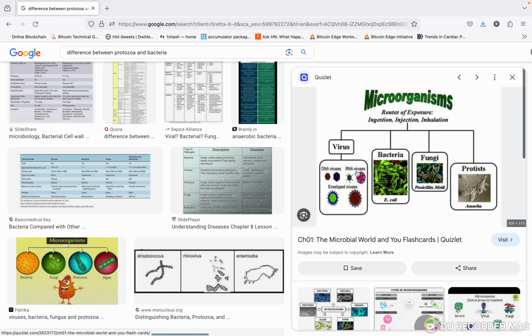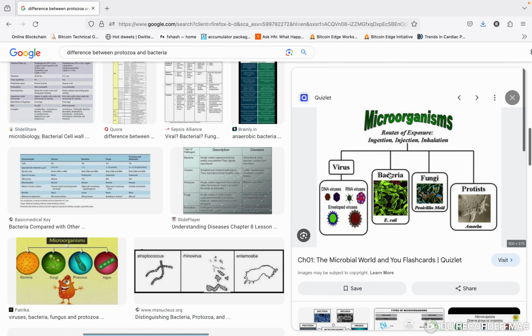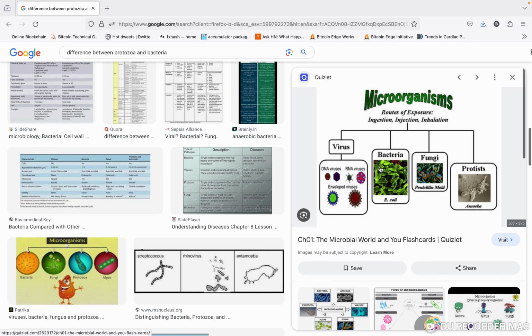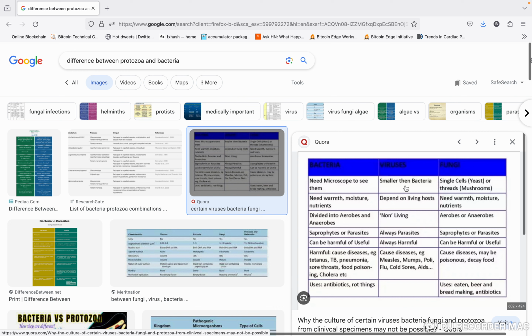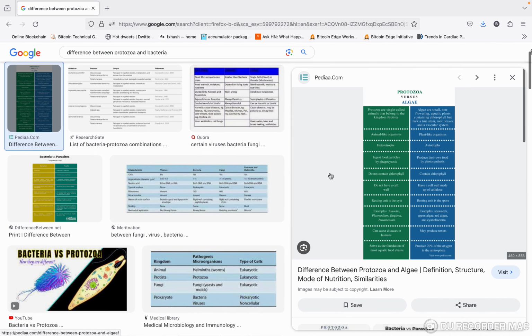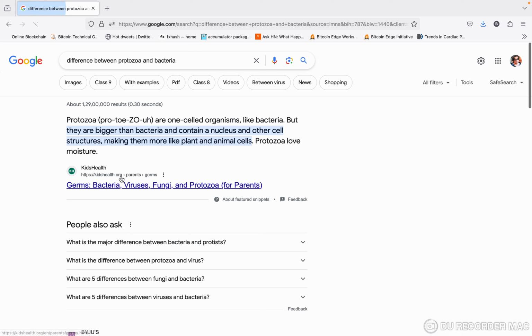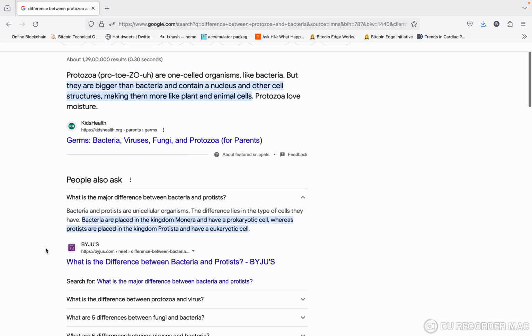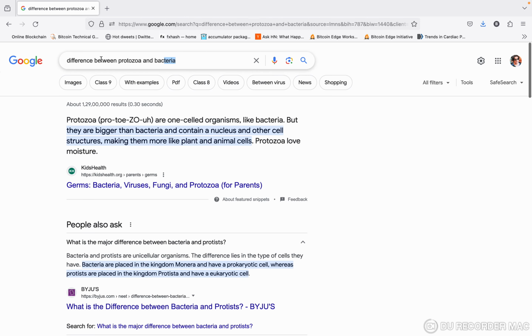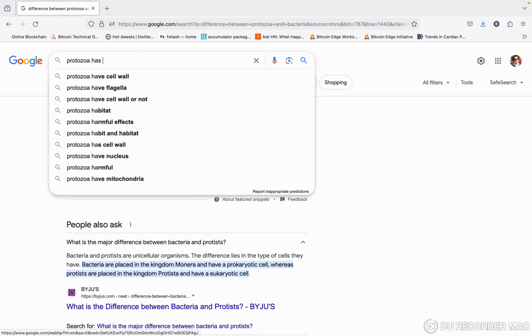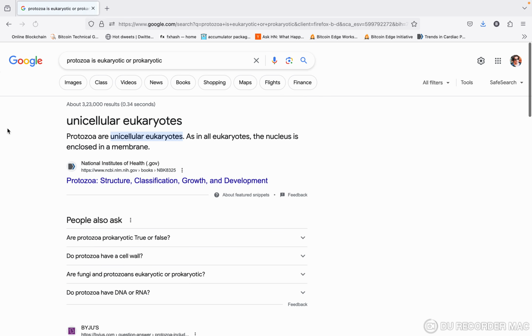Protozoa is a type of protista, and bacteria, both are part of microorganisms. Bacteria are placed in the kingdom Monera and have a prokaryotic cell, while protista have eukaryotic cells.